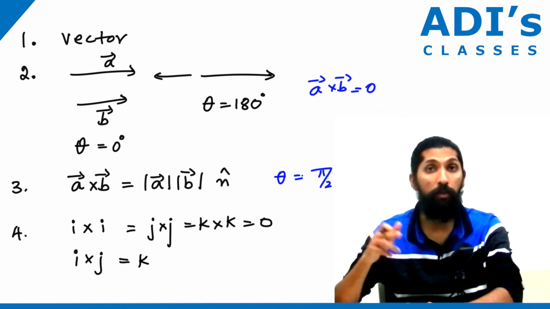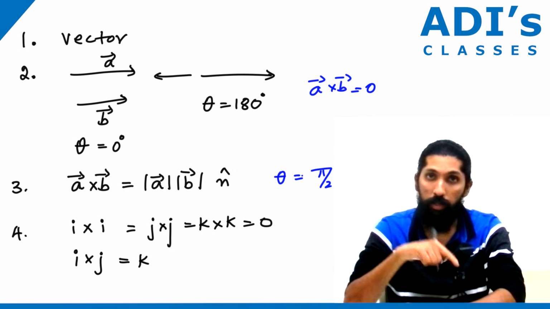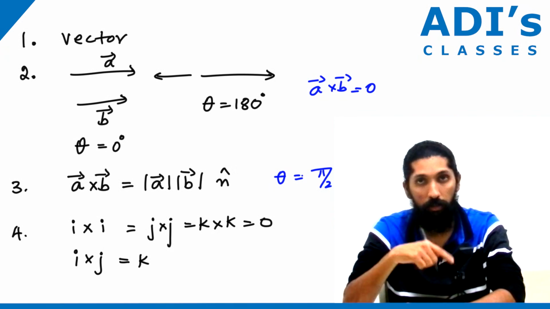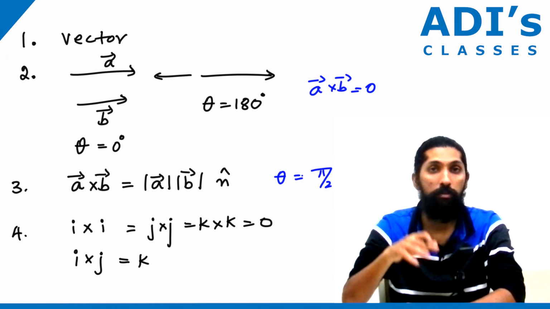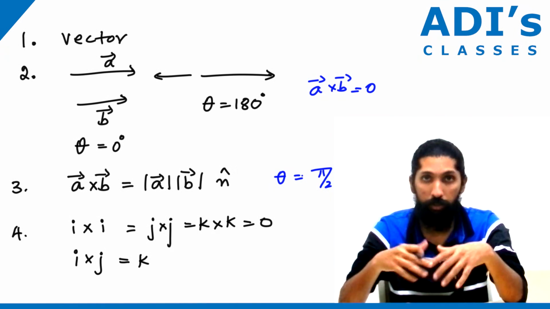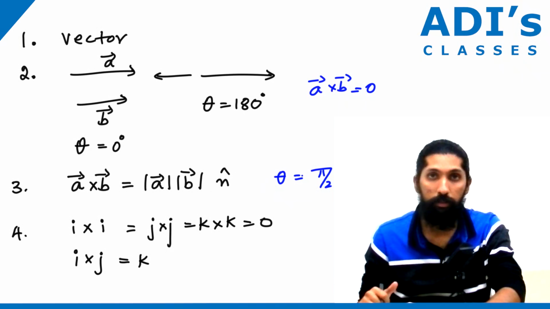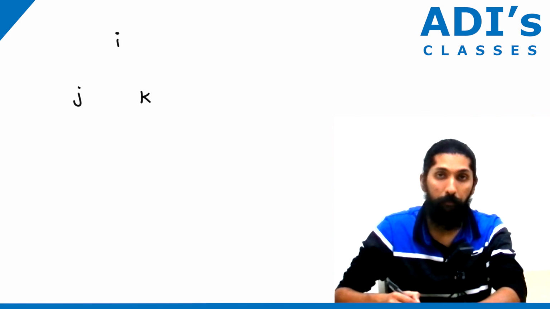That means here we go in a cycle. J cross K gives us I, K cross I gives us J. So for that we have a cycle in which it goes. We look into that cycle now. Now what we have is, see, this is I, this is J, this is K. Now first thing, what do we have?